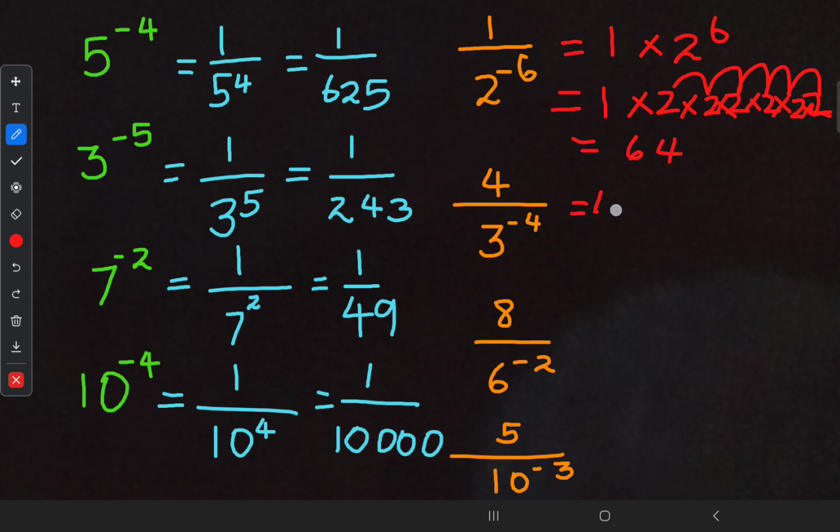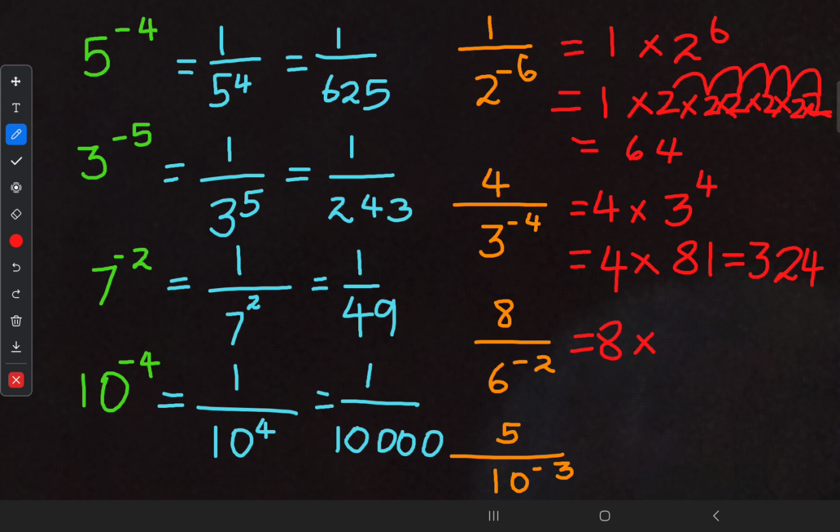Next one, 4 into 3 to the power of 4. 3 became power of 4 in numerator form. So 4 into 3 to the power of 4 means that is 81, which is multiplied by 4 will give you 324 here. For the next one, 8, which is multiplied with 6 power of negative 2, that will become 6 to the power of 2.